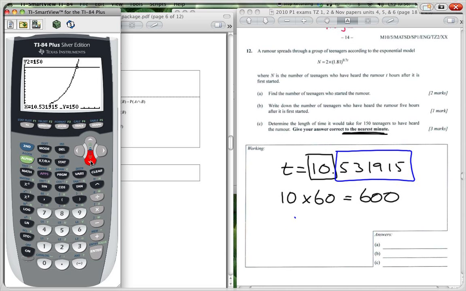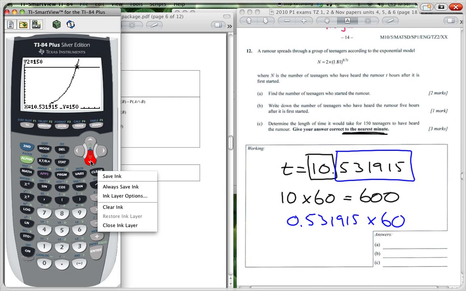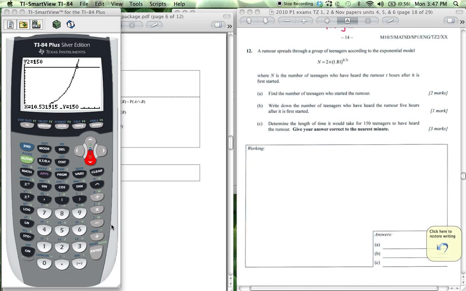Well, we're actually going to do 0.531915, and I'm going to multiply that by 60 because there's 60 minutes, and it will give me my answer in minutes, and then I'll need to round it to the nearest minute.